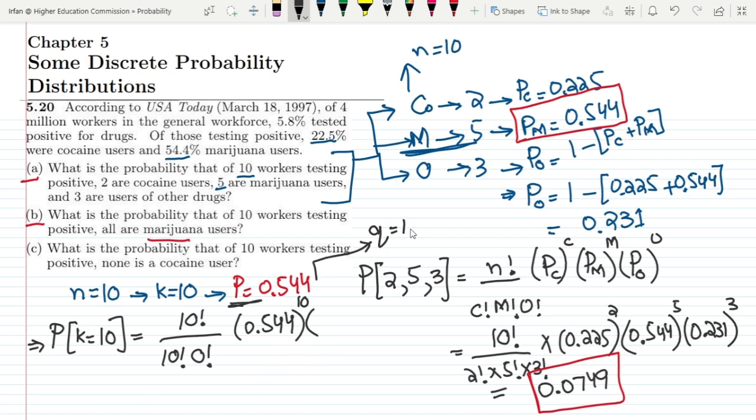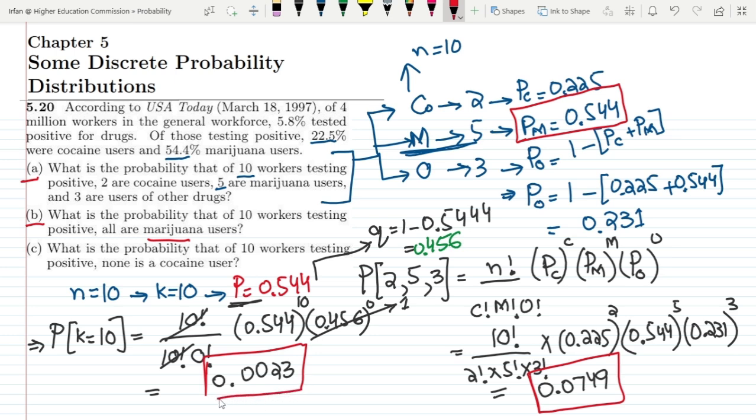So q would be 1 minus 0.544, which is 0.456, raised to the power 0. Calculating it, these two will cancel out, this would be equal to 1, so it would be 0.544 raised to the power 10. The answer is 0.0023, and that is the solution of part B of my question.